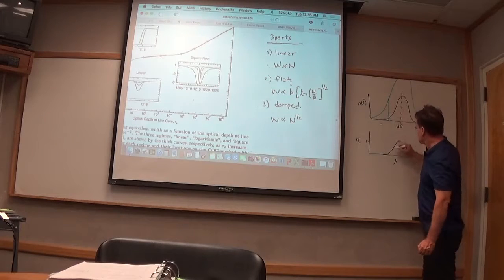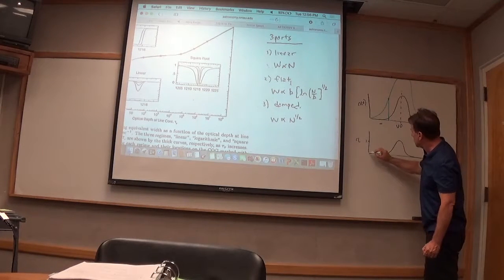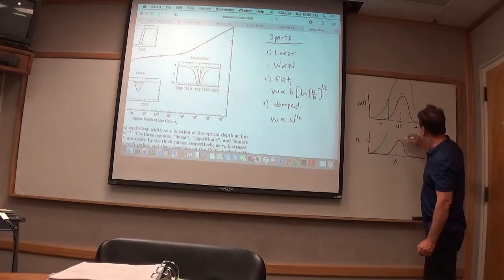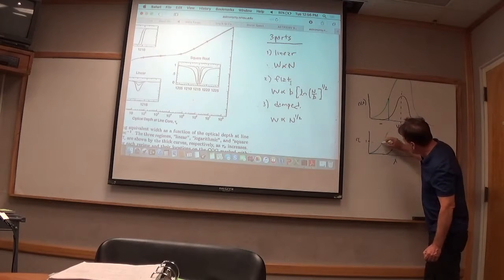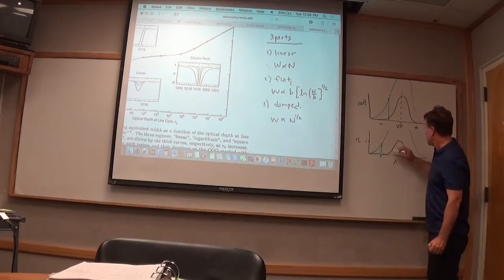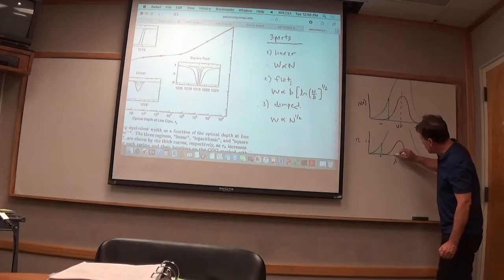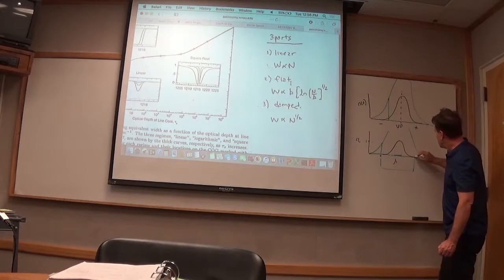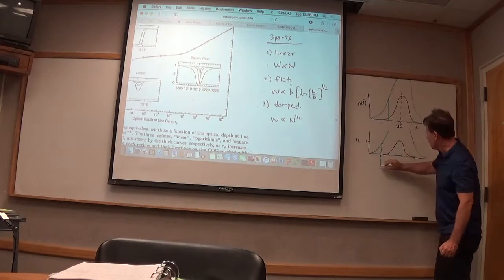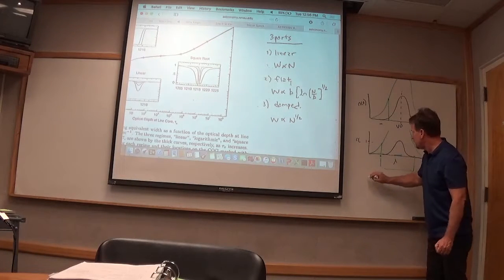And so now your optical depth is going to do something like this. And now you have unity optical depth all the way out here, whereas before you didn't have unity optical depth except in this region. Now you've got greater than unity optical depth over this whole region.